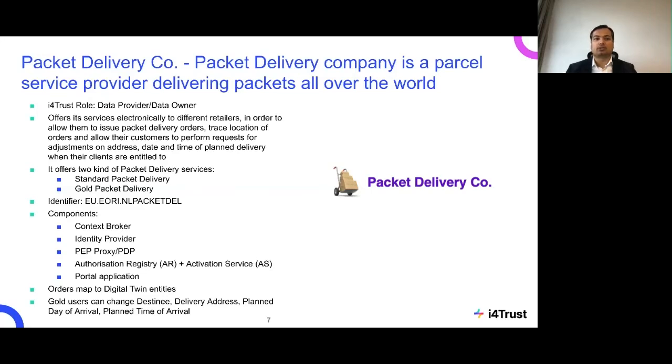Once you are a member of gold packet delivery, you can, for example, change the planned or estimated date of arrival, or even change the address after the order has been placed. That kind of flexibility is possible only with gold packet delivery.